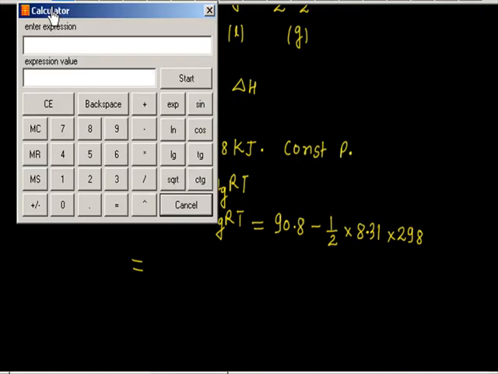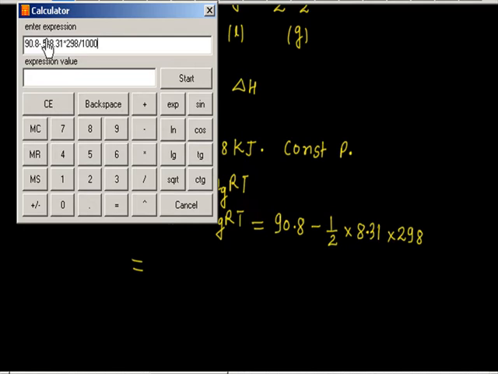So this value is 90.8 minus 0.5 into 8.31 multiplied by 298, and this is in joule, so I have to divide by 1000 to get kilojoule.